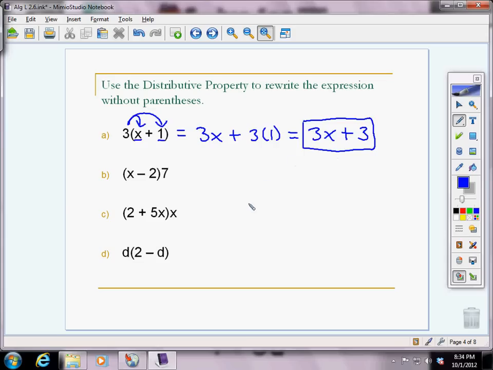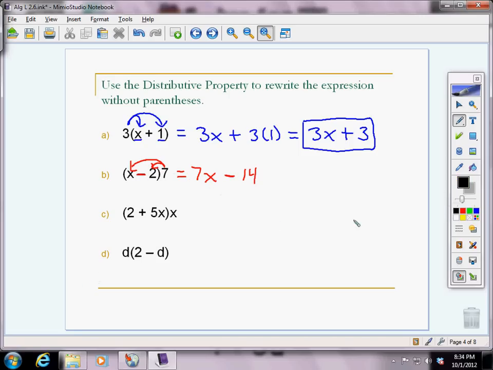Again, this is a very important skill we need to have when simplifying and solving equations. If you look at this problem here, thinking of the same idea, this time we have a difference, this quantity being multiplied by 7. Distribute the 7. 7 times x, 7 times 2, which is 14. But in this case, there's a minus there, so we can have a minus there.